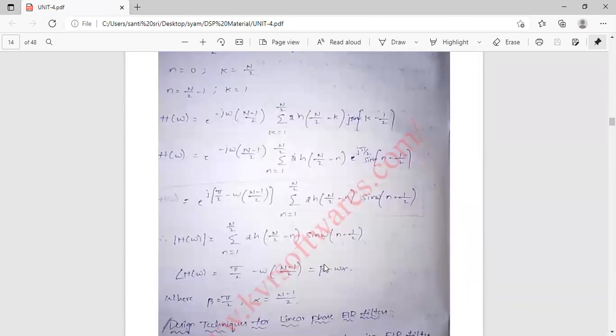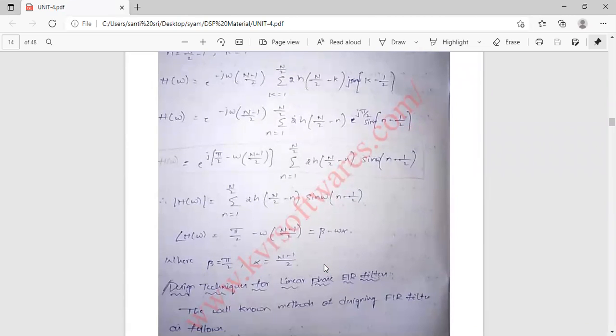H of omega equal to e power j (pi by 2 minus omega (N-1)/2) sigma n equal to 1 to N by 2 of 2 into h of N by 2 minus n sin omega (n minus 1 by 2).